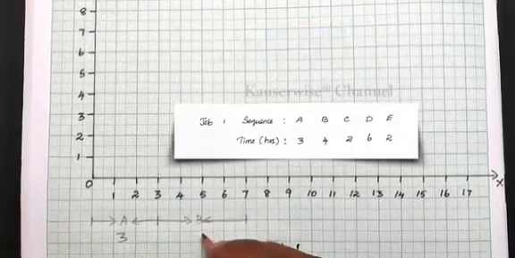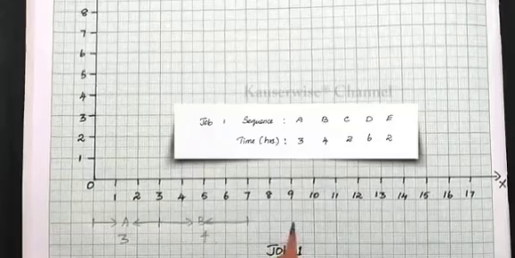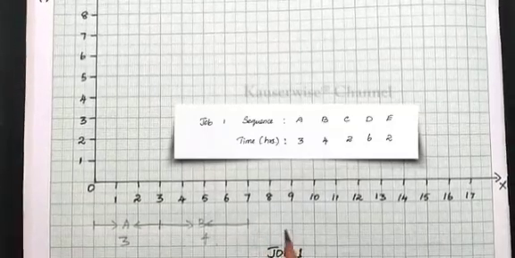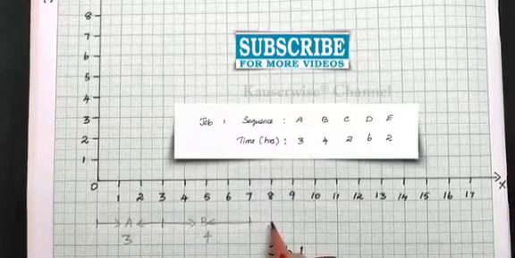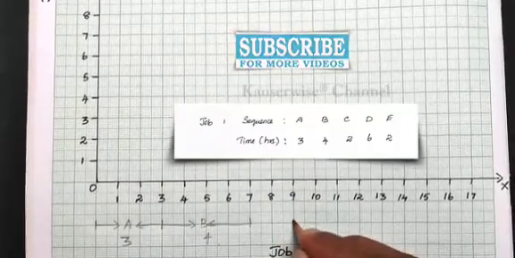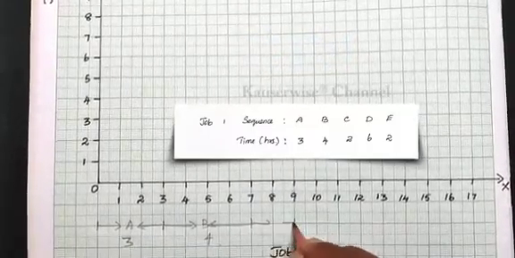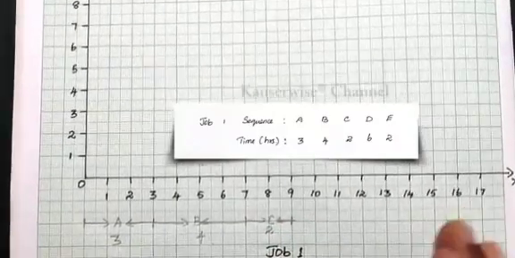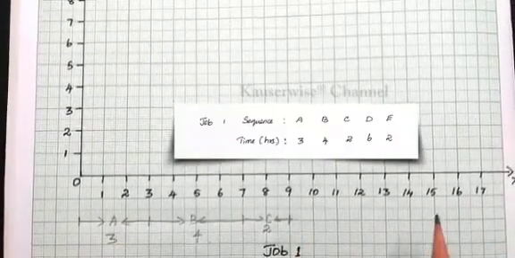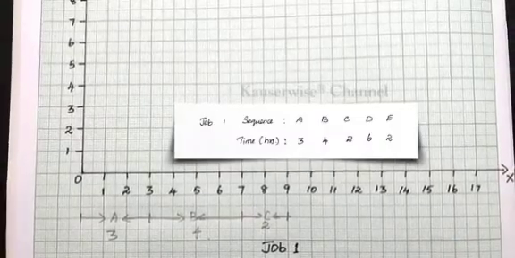The duration is 4 hours. Now see the information. What is the next process? C. What is the duration? 2 hours. Start from here: 1, 2. So this is the duration for machine C, 2 hours. After completion of C, the next sequence is D. The duration is 6 hours.